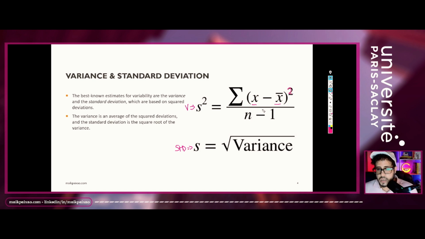So you guys would probably be thinking why we have here n minus 1 instead of n. Because if this is the mean, we should have the number of values here.